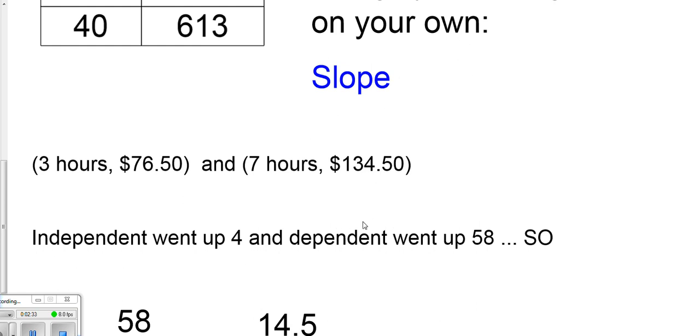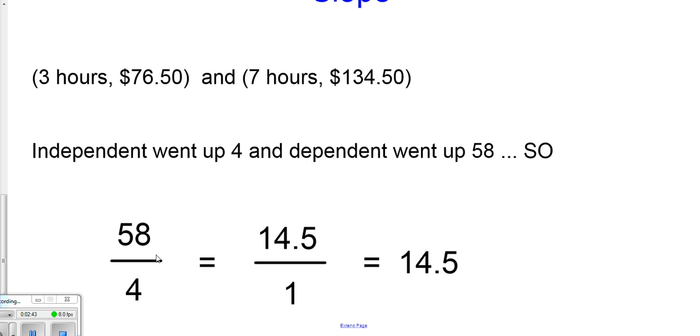The dependent variable, the money, went up by 58. She got 58 more dollars in those 4 hours. So our slope would be 58 over 4, change in y over change in x. Divide both of these by 4, this can be reduced to 14.5 over 1, or just 14.5.